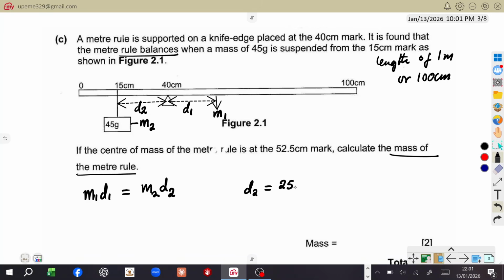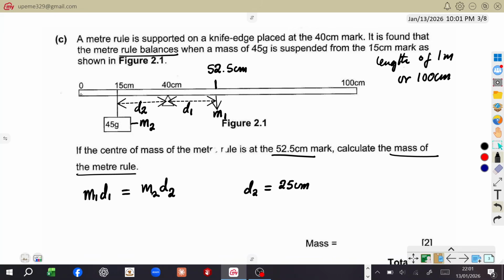All right, centimeters. Then what about d1? They've told us that the center is at 52.5 centimeters, meaning from here to there the distance is 52.5 centimeters. So we need to know how much from here to there.